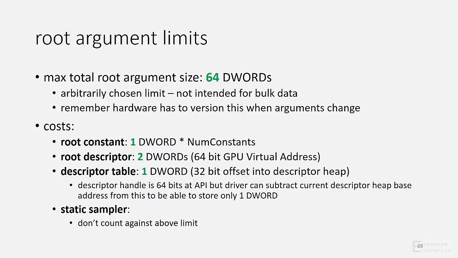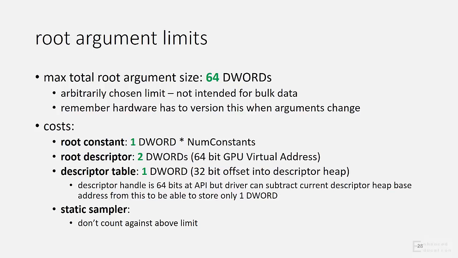So the actual costs of the types of parameters you can put in the root signature are as follows. Root constants cost 1 DWORD times the number of constants, since it's a set of 32-bit constants, so float4 is 4 DWORDs. Root descriptors cost 2 DWORDs because they're a 64-bit GPU virtual address.